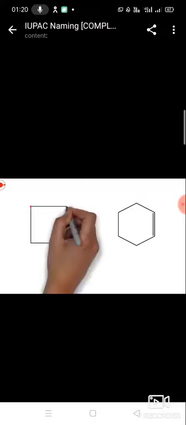So these are all cyclic compounds. Before this, what we have seen is acyclic or straight-line compounds. Cyclobutane, cyclohexane, cyclopropane. Simply by looking, we cannot identify them, so each corner should be filled with a carbon atom. So 4 carbon atoms are present in cyclic form, so butane, the E will not come.